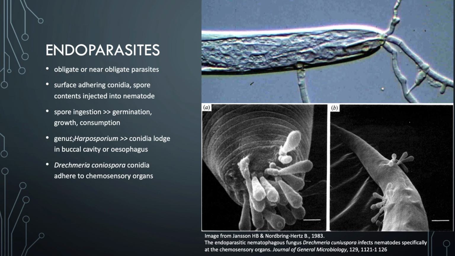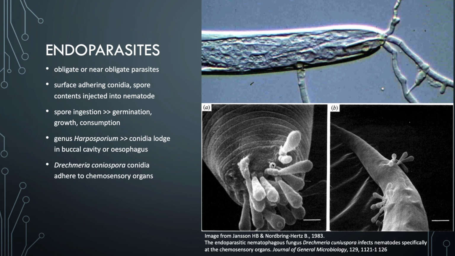The genus Harposporium has conidia that are shaped in a way so that they actually lodge in the buccal cavity or in the mouth or the esophagus of the nematode, whereas Drechmeria coniospora have conidia that actually adhere to the chemosensory organs of the nematode.